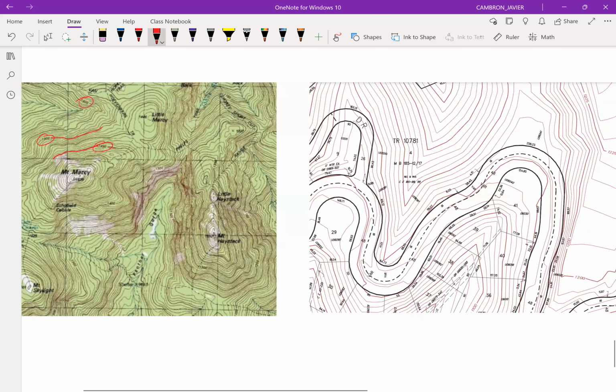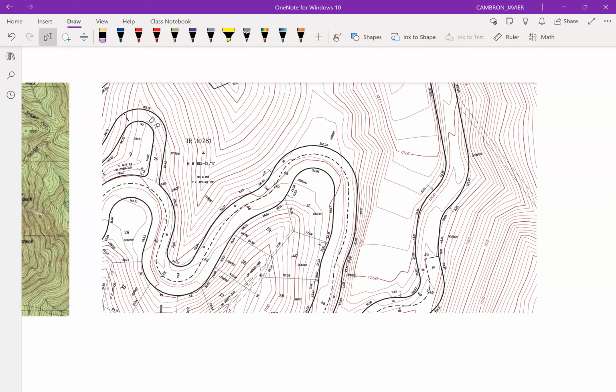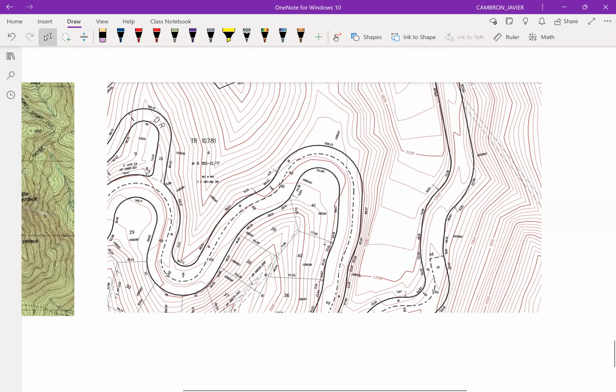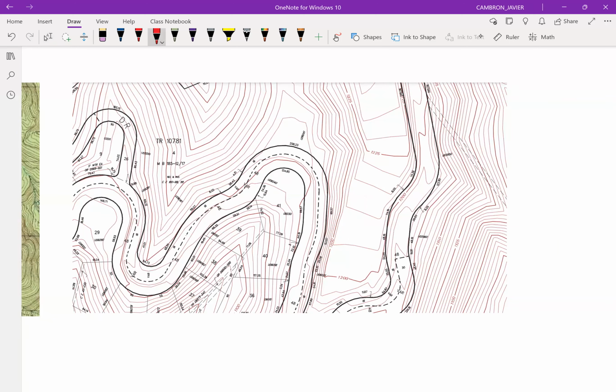Now over here on the right is a topographic map that we use within construction. This image is actually of the infamous Mulholland Drive, just a really small snippet of it.